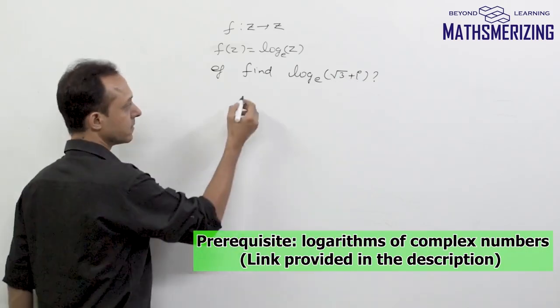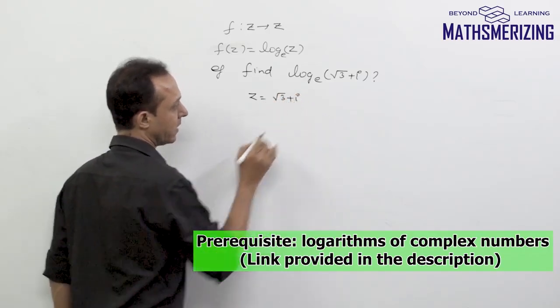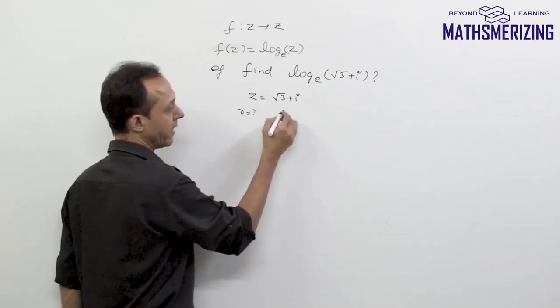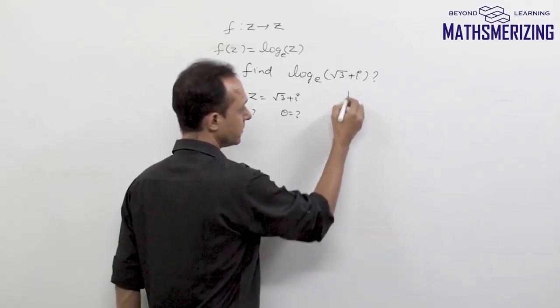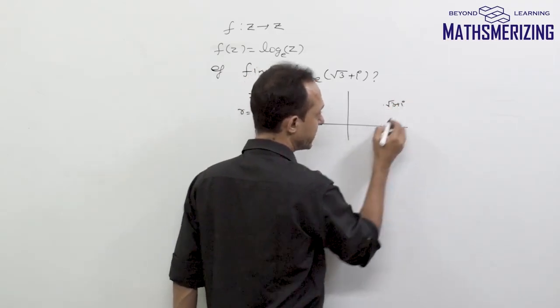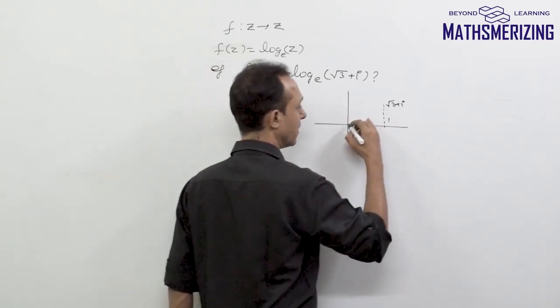Now first what I'll do is, I'll write this root 3 plus iota in Euler's form, and for that I'll need to find the value of its r and the value of its theta. So this root 3 plus iota, I can express it on Argand plane. So this is root 3 and this is 1.